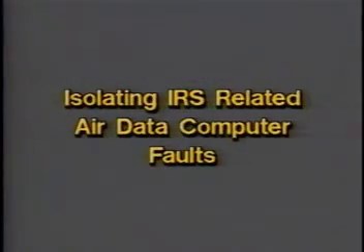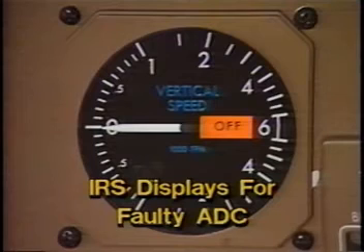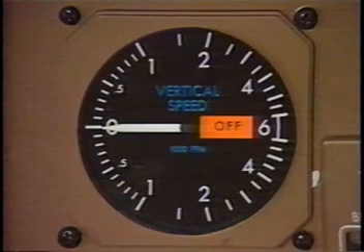A faulty air data computer, or ADC, affects normal IRS operation. A faulty ADC causes an off flag to appear on the VSI if the IRU is in the nav or attitude mode. If the IRU is in the nav or attitude mode and receives an invalid altitude input from the ADC, the IRS outputs vertical speed and inertial altitude as no computed data.